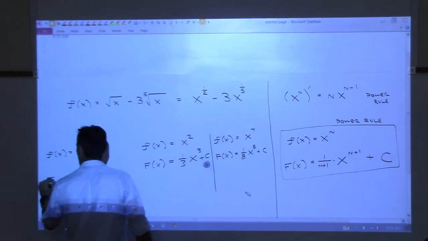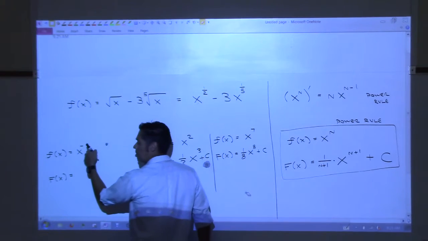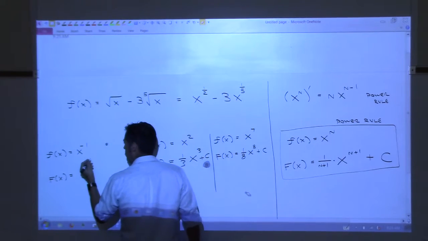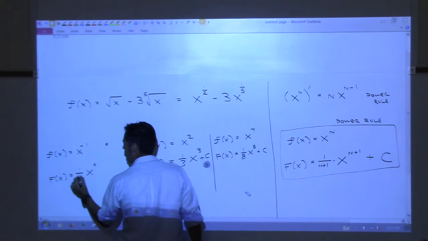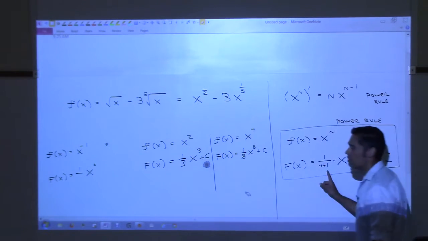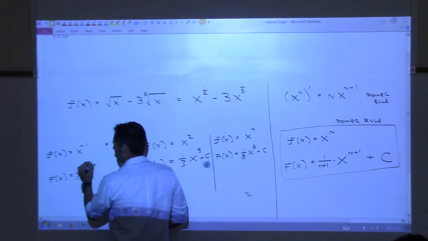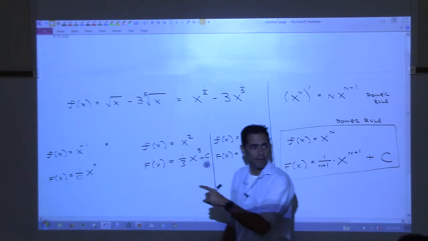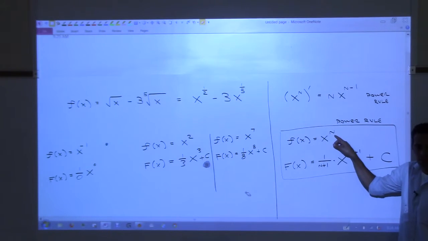You're going to have capital F of x equals, you're going to add 1 to the power, right? So when you add 1 to -1, you get 0. So you get x to the 0. But more importantly, out front, you get 1 over 0. And that's undefined. So it looks like the formula broke down, didn't it? It broke down when this power was -1, right?